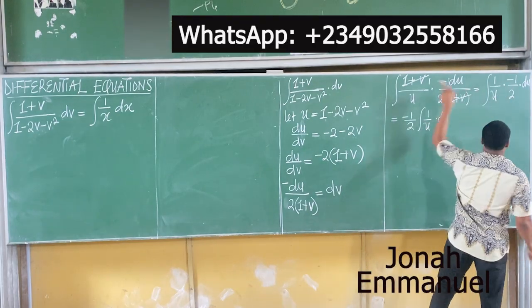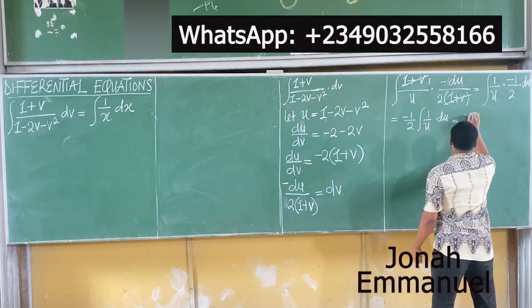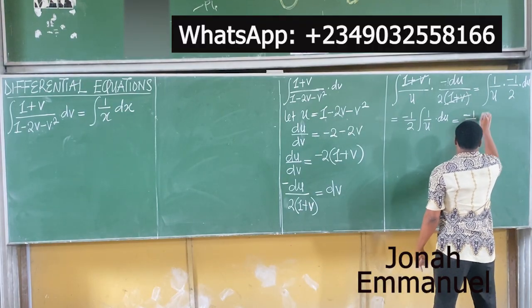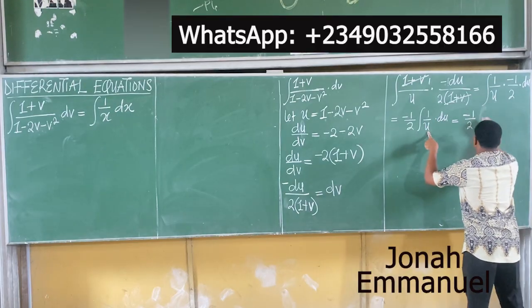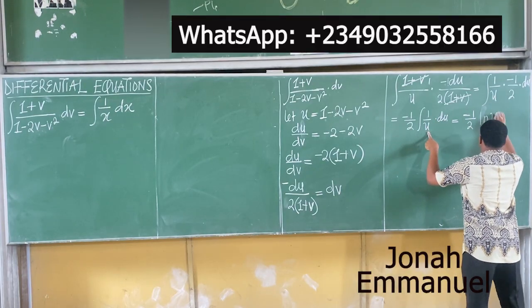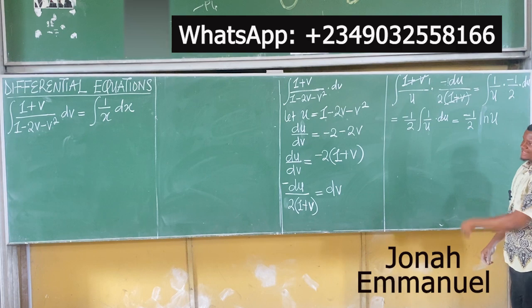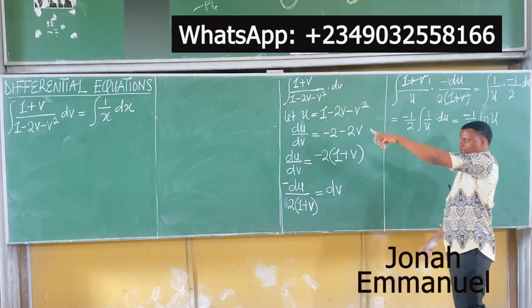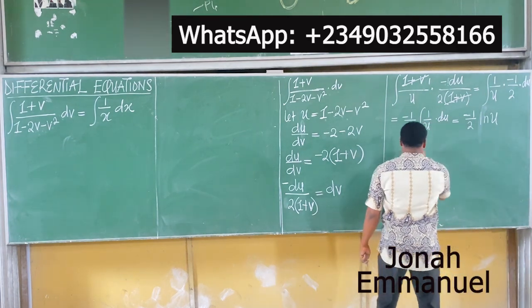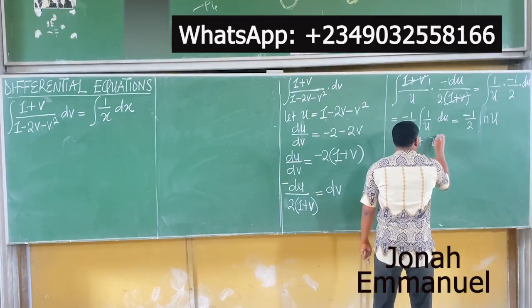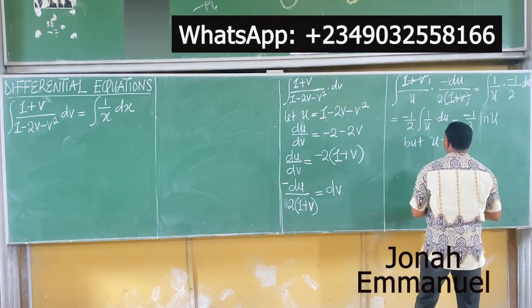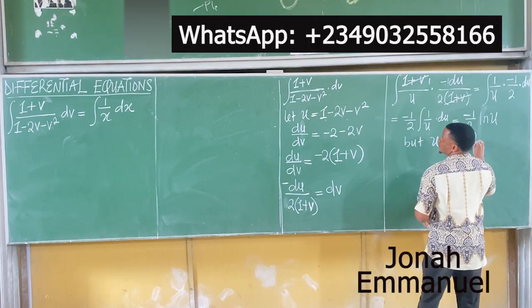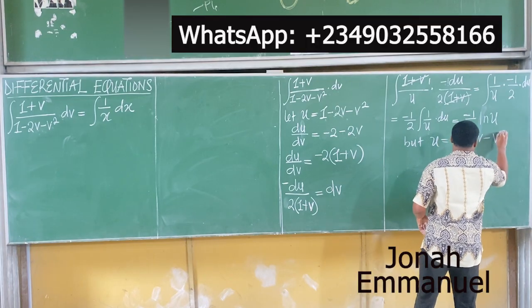This will give you minus 1 over 2 integral of 1 over u, which gives you what there? ln u. You can add plus C, but that's not the case, we're working with dv now, don't forget. But u is equal to 1 minus 2v minus v squared.